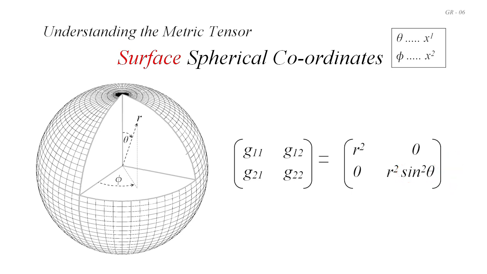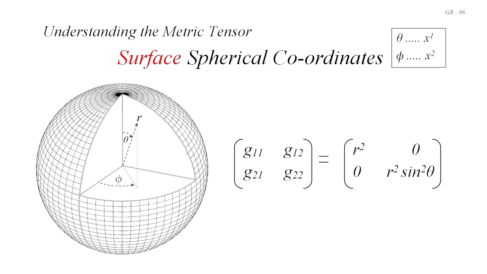Well, by this way of interpreting the metric tensor, g22 is to do with the square of the size of e2, which relates to the angle phi basis vector, and showing us here that the phi basis vector seems to increase in proportion to sine theta. This sine squared theta will start to grow as theta increases from 0, at least until it gets to 90 degrees, and then it will start to get smaller. Remember that once an angle gets to 90 degrees, the sine of it starts to decrease.